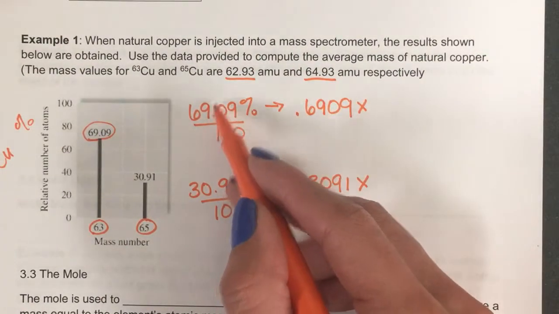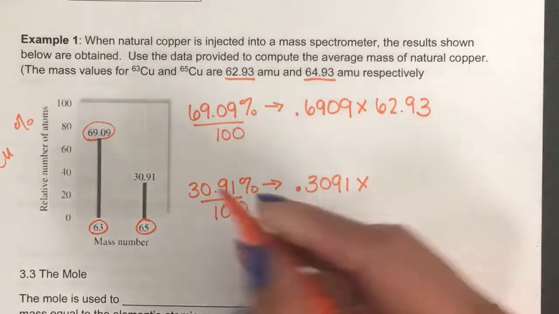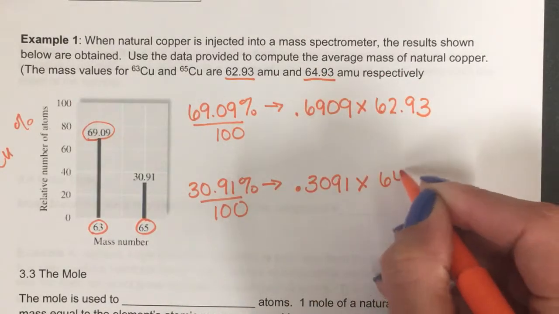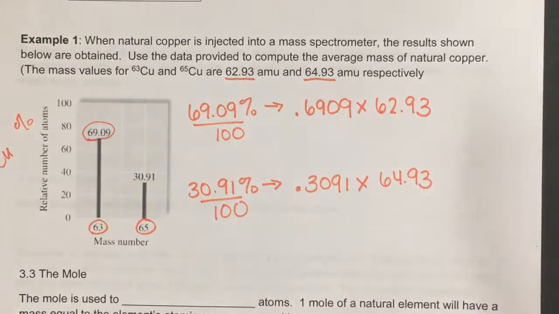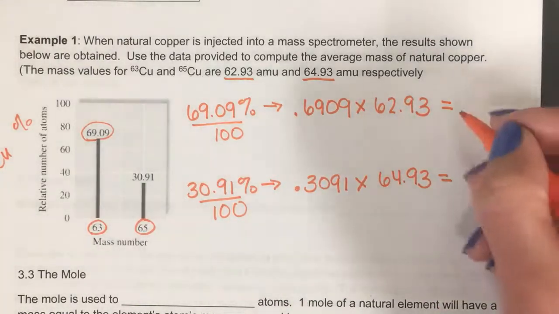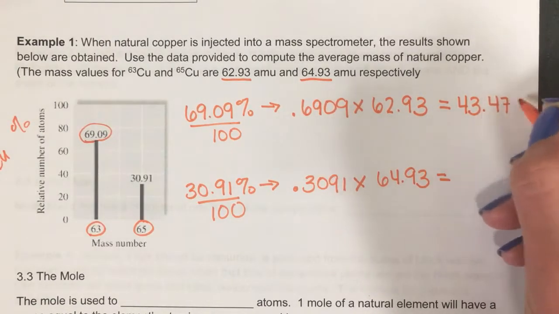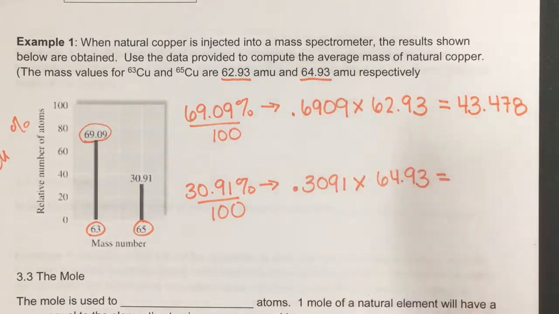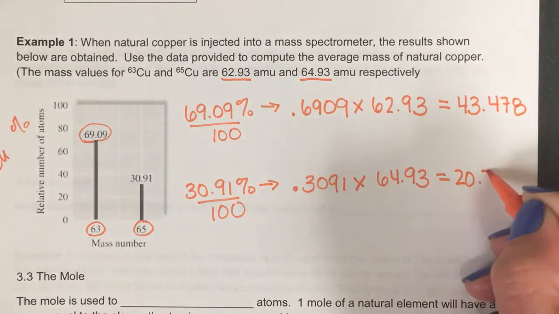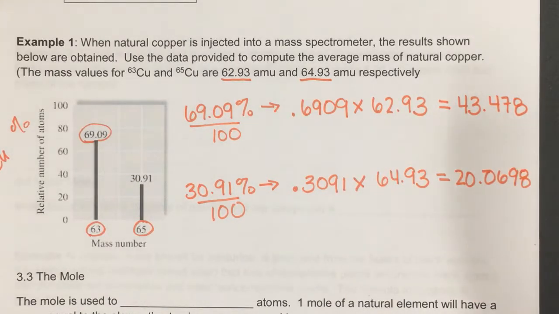So I had 69% of this one, and I had 30% of this one. So I'm going to multiply those values. Okay? So I'll get 43.478 for my first one. I'm going to get 20.0698 for my second one.